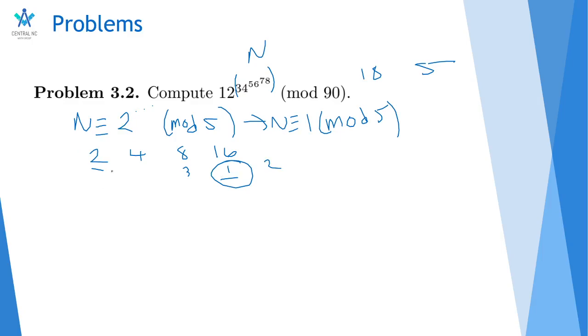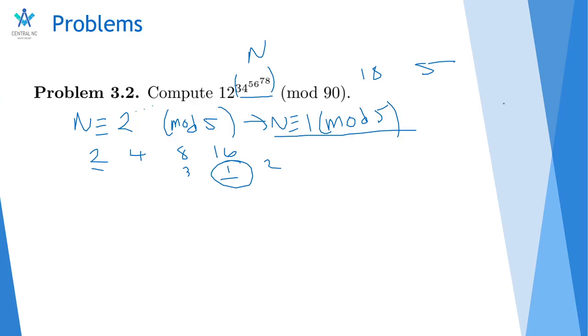So this does cycle in cycles of 4. We just have to evaluate this exponent modulo 4. Since 34 is already divisible by 2, there's a factor of 2 in here. And if you raise this to some large power, we'll get that large number of factors of 2. Since 4 is equal to 2 squared, that large number is definitely greater than 2, so this number will definitely be divisible by 4. So that's why n is congruent to 1 modulo 5.